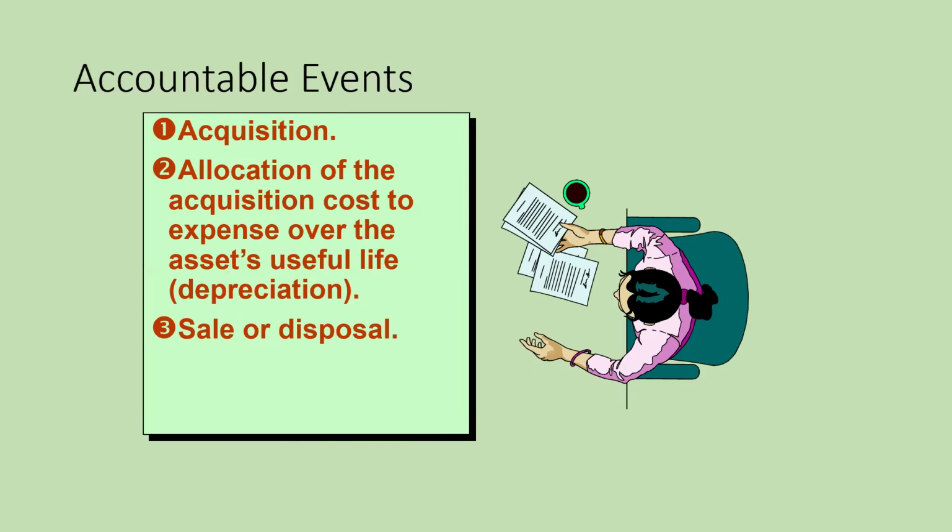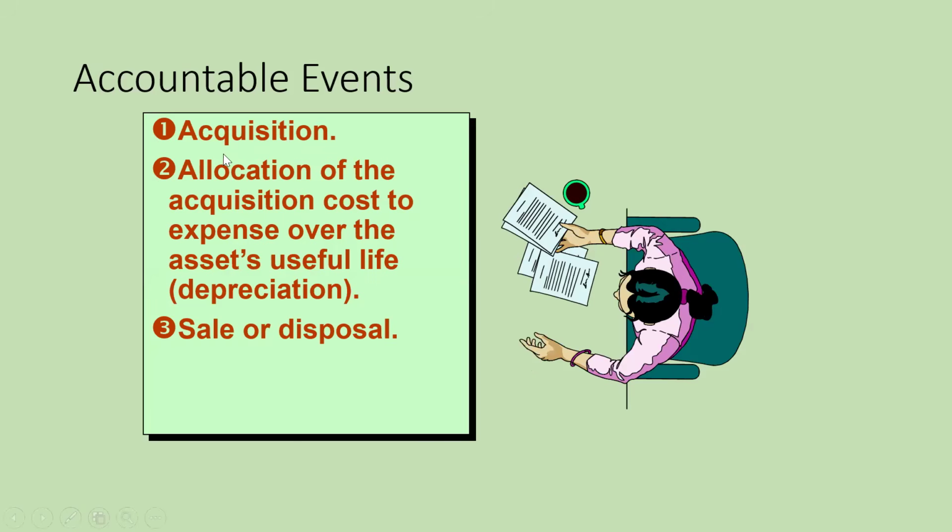There are three accountable events in the life of any asset. First of all, the acquisition of the asset, meaning when you acquire or purchase the asset. Then allocation of the acquisition cost to expense over the asset's useful life, which is called the calculation of depreciation expense.